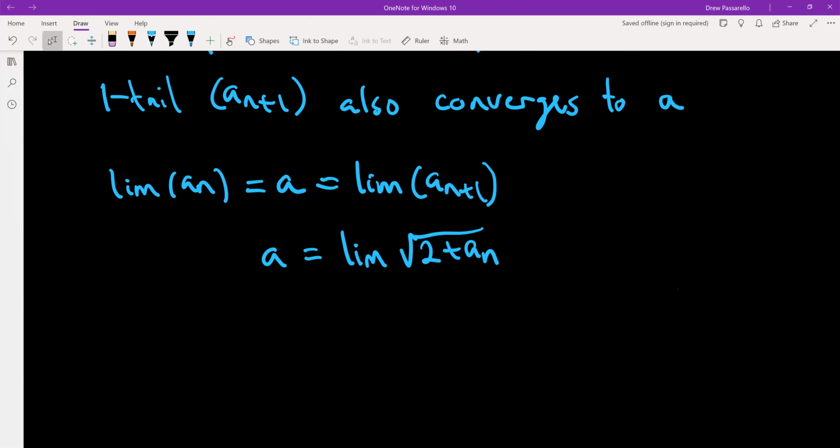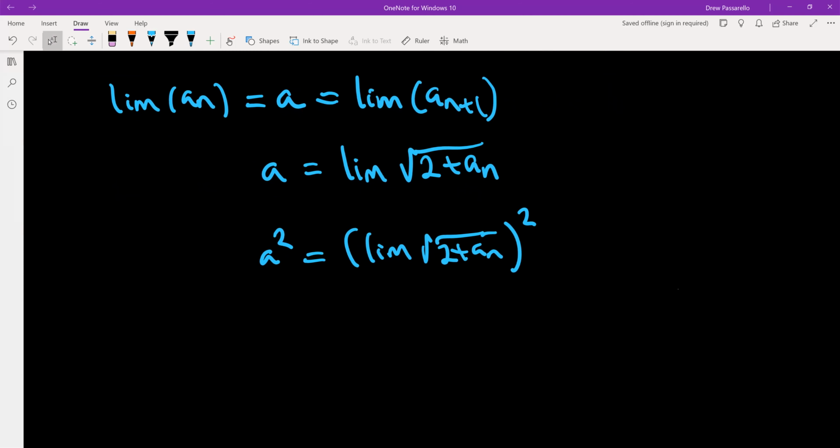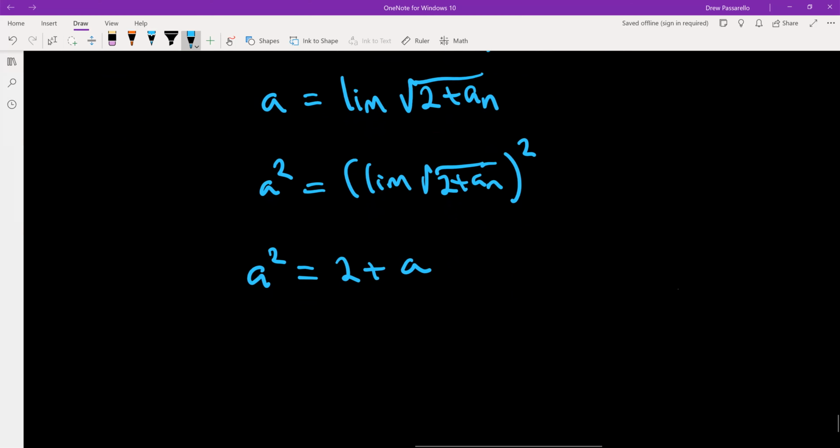You can square both sides, and we know the limit of an is a, so we get a squared, and that gets rid of the square root, is 2 plus a.